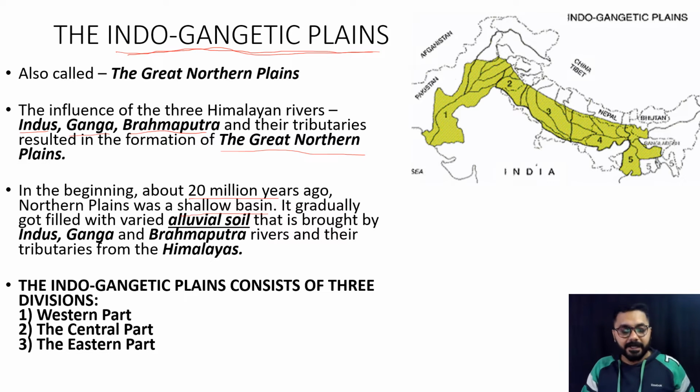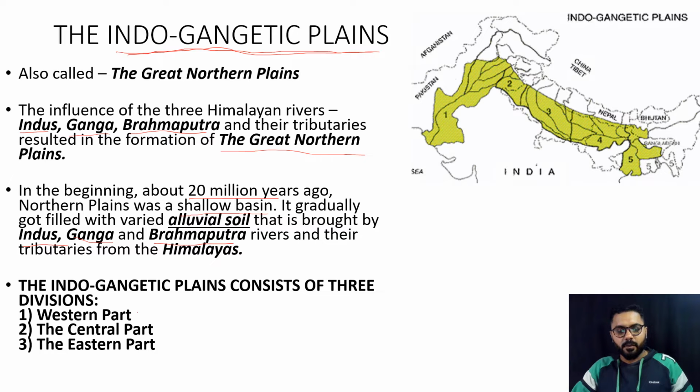It is believed that this soil is the best when it comes to fertility, and that is where we see most of the agriculture happening in these regions. This soil is brought by rivers such as the Indus, Ganga and Brahmaputra. So the Indo-Gangetic Plains consist of three divisions.